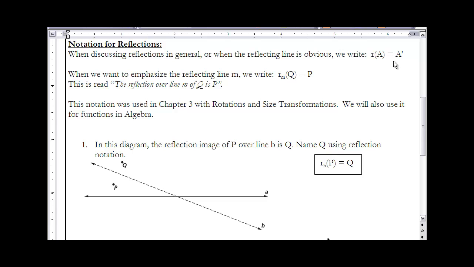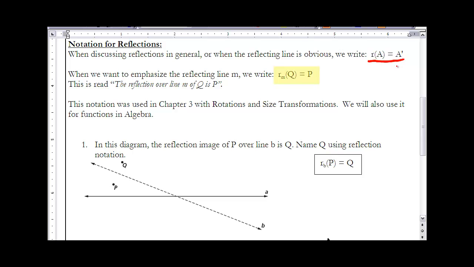Next I'd like to take a look at the notation that we use when we do reflections. When we're discussing reflections in general, or when the reflection line is obvious, we're going to write it like this. The reflection of point A is A prime. If the reflection line isn't obvious, if we need to really define which line we're reflecting over, then we're going to write it like this.